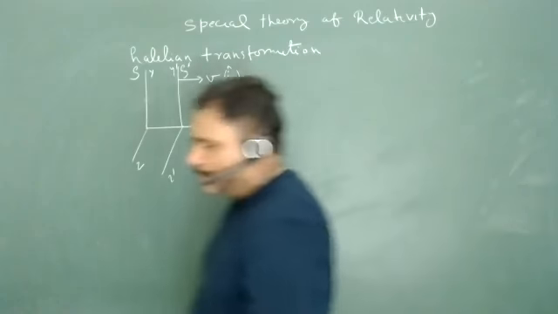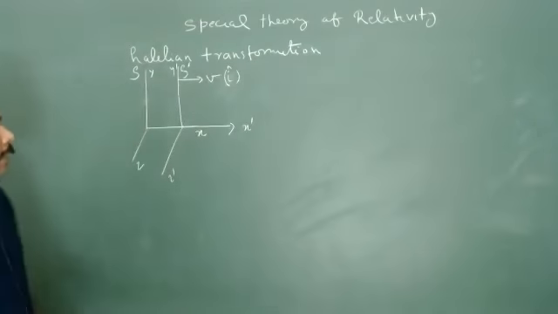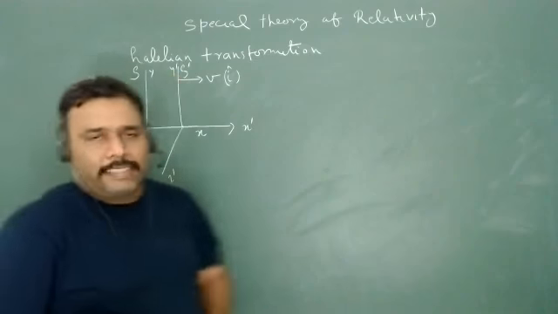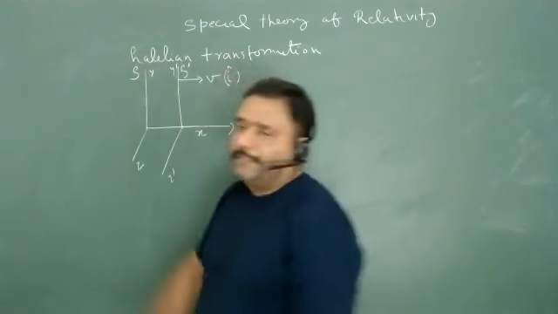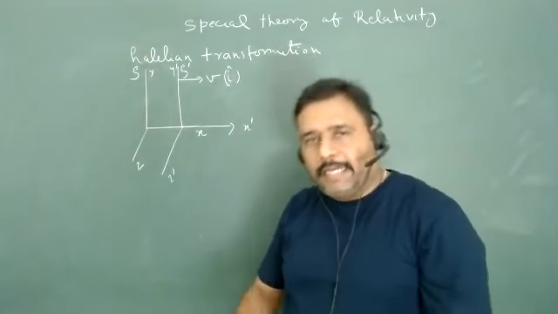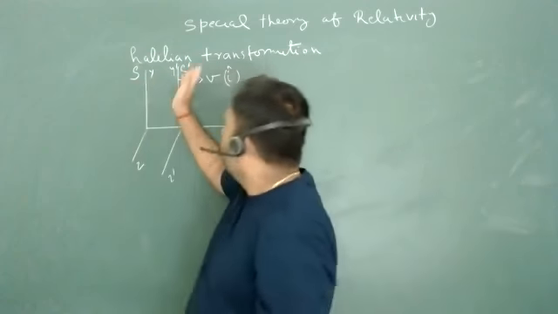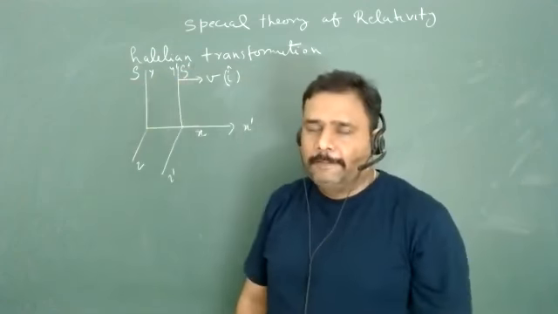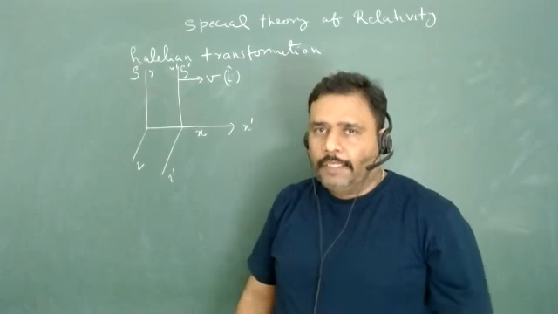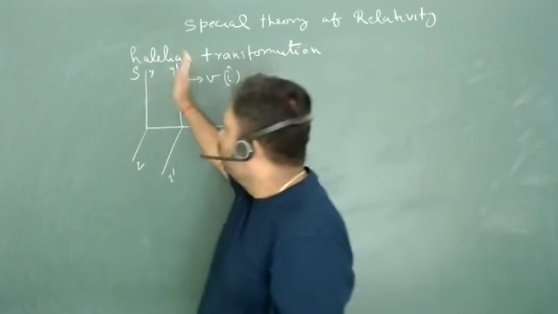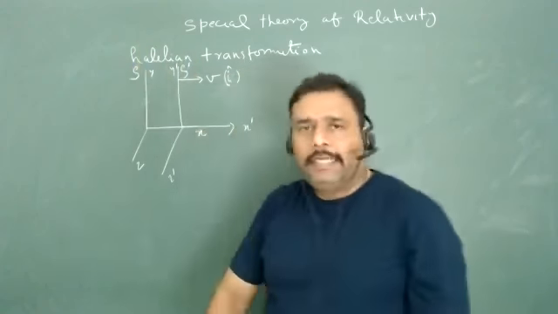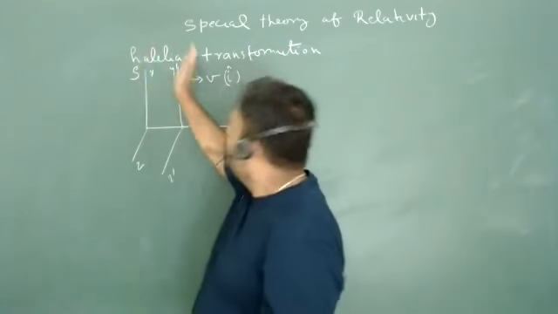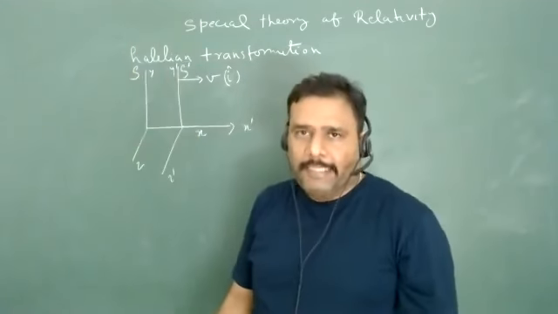So what can I say? If I am saying S dash is moving with respect to S, can I also say S is moving with respect to S dash? Yes.